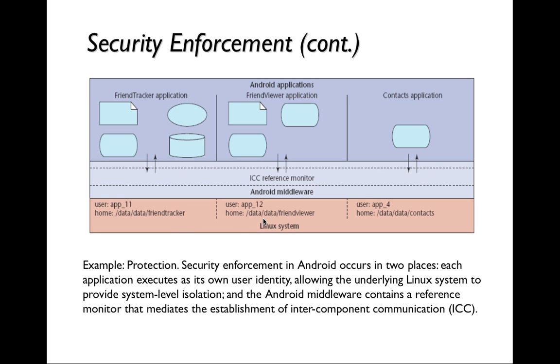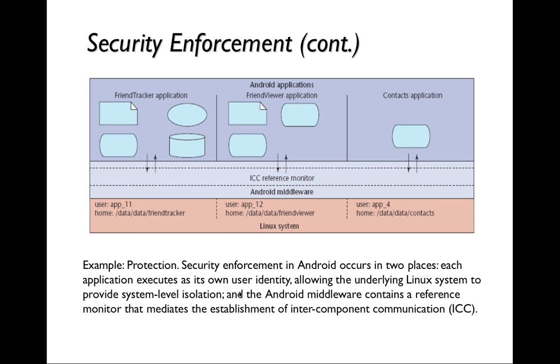Here we have app 11, 12, app 4, and we have the locations where the data is being stored, and the location where the friend finder and friend tracker activities are stored. And it's all kept separately, so this diagram is supposed to show you there are all separate components that are managed separately, and it's almost similar to thread processing.